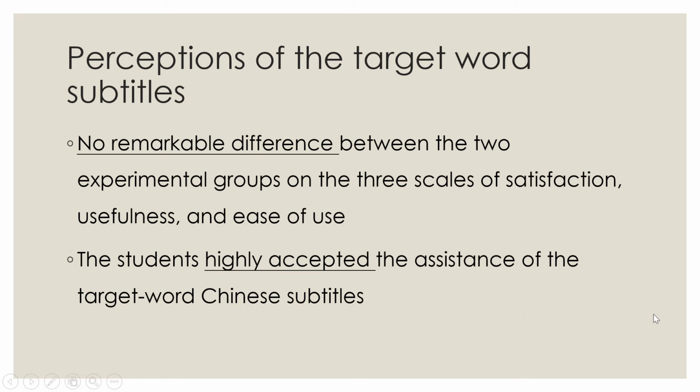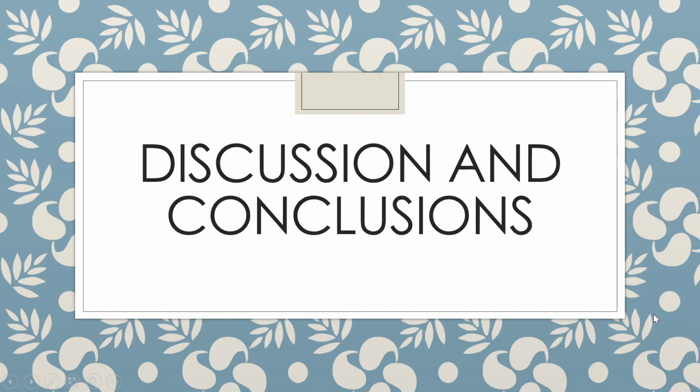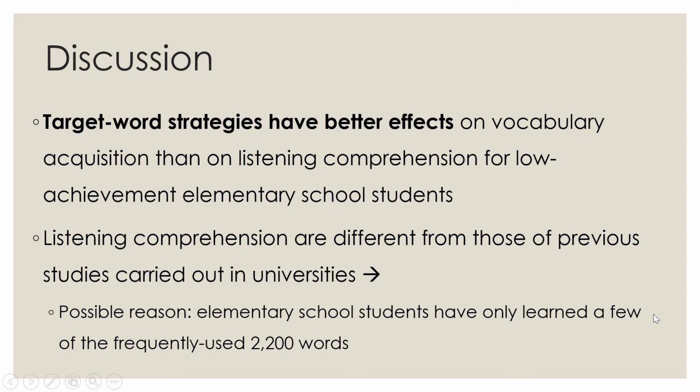And finally, there's no remarkable difference between the two experimental groups on the 3 scales of the acceptance of technology. Okay. Finally, is the discussion. The result shows that the target word strategy has better effects on vocabulary acquisition than on listening comprehension for low achievement elementary school students.